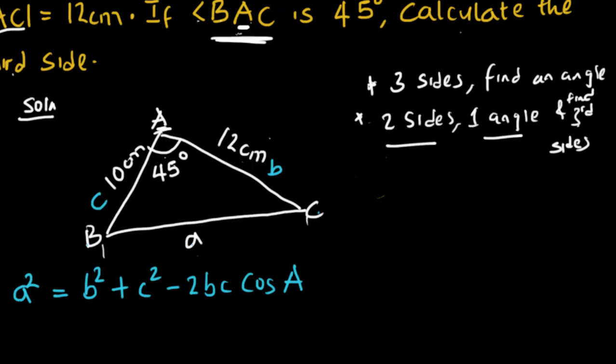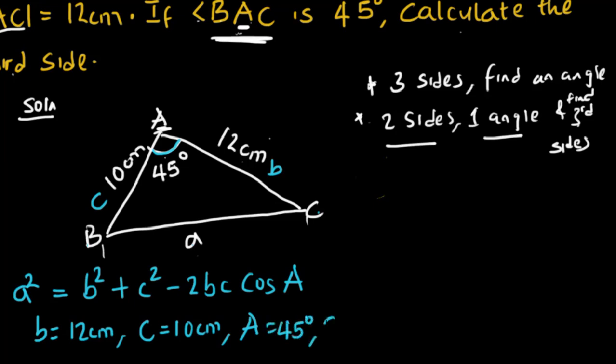Now we know b to be 12 centimeters. We have c equals 10 centimeters. We have angle A, which is this angle here, equals 45 degrees. And we are told to find side a. So we slot this into the formula.